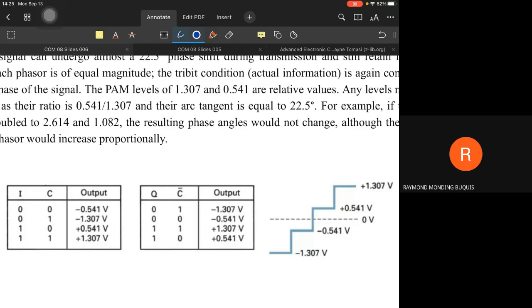For any I and any C, these are the possible voltage level outputs of the 2 to 4 level converter. The same goes for Q. For any Q and any C bar, these are the voltage level outputs. 8 in total. So what are the values?